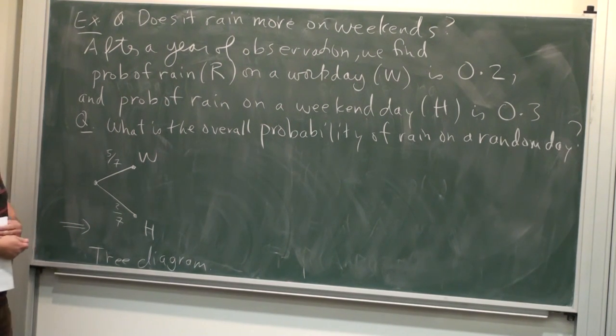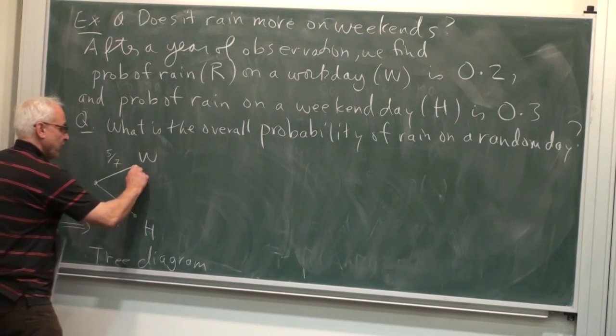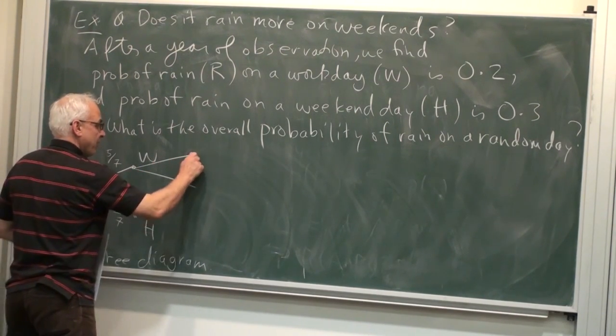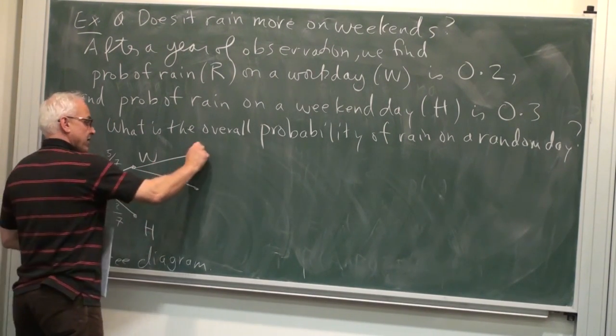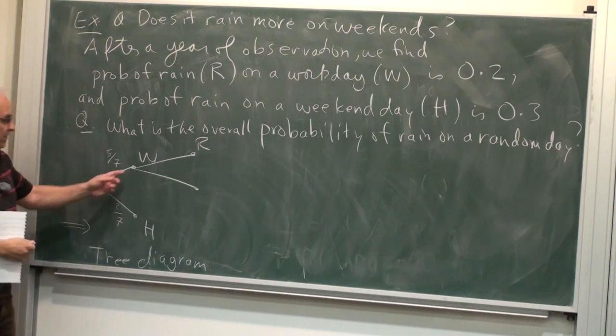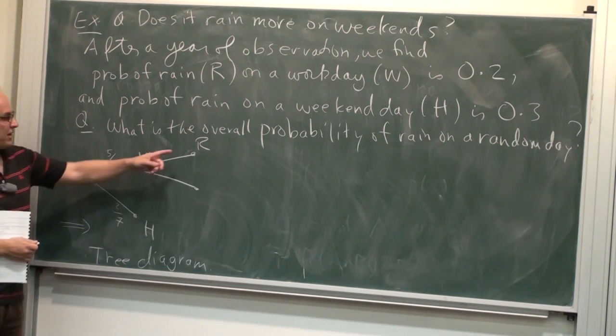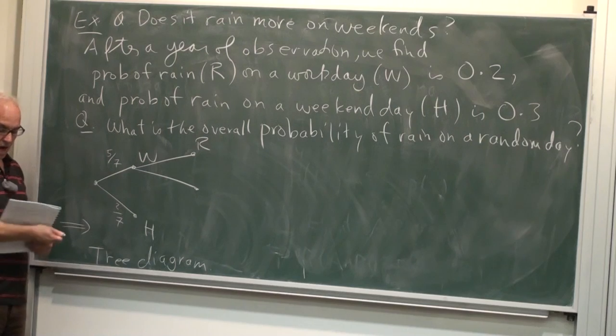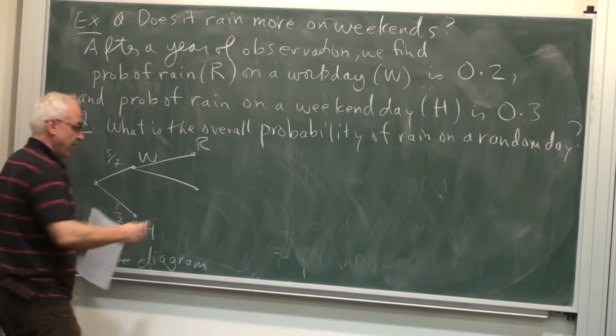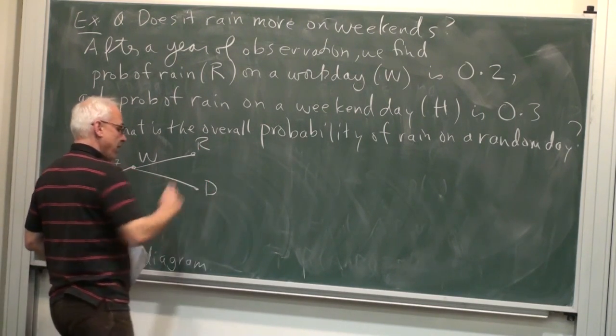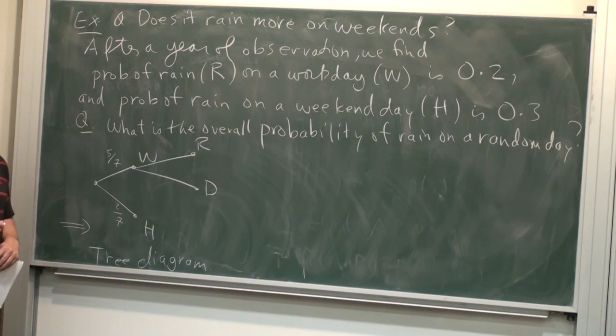Now we're going to split the tree into some more possibilities. If it's a weekend day, it could either rain or not rain. Let's say rain is R, and not rain is D for dry.